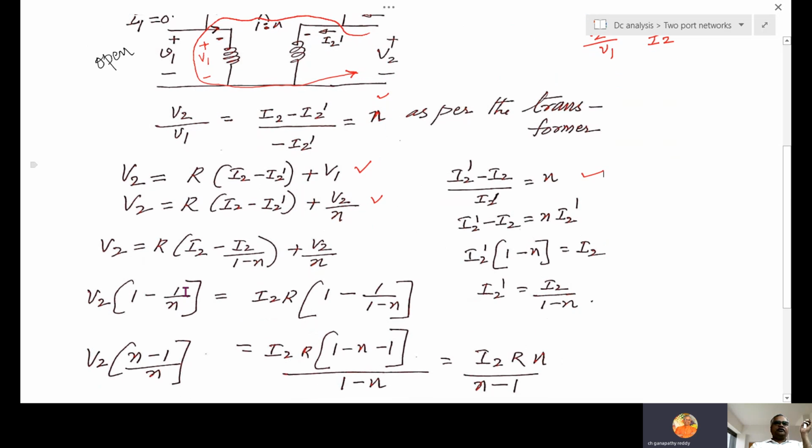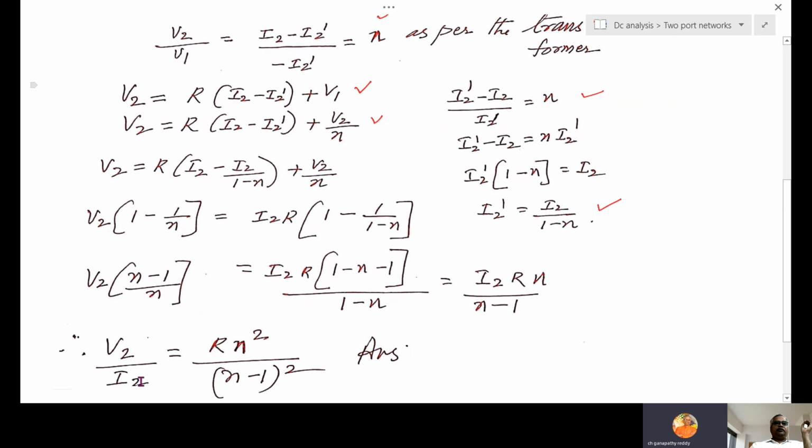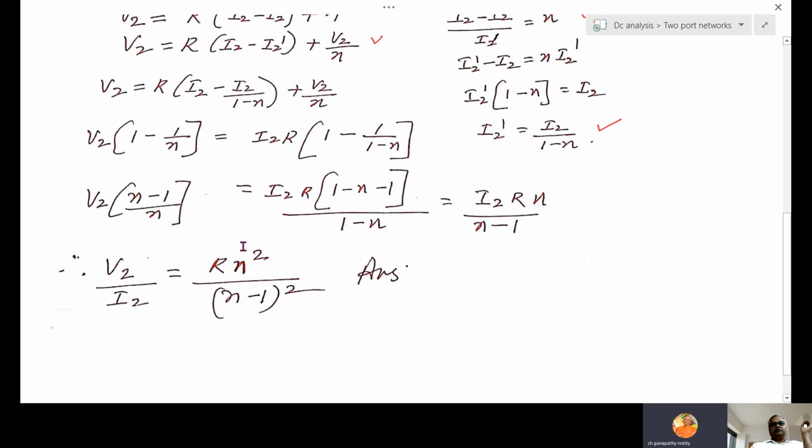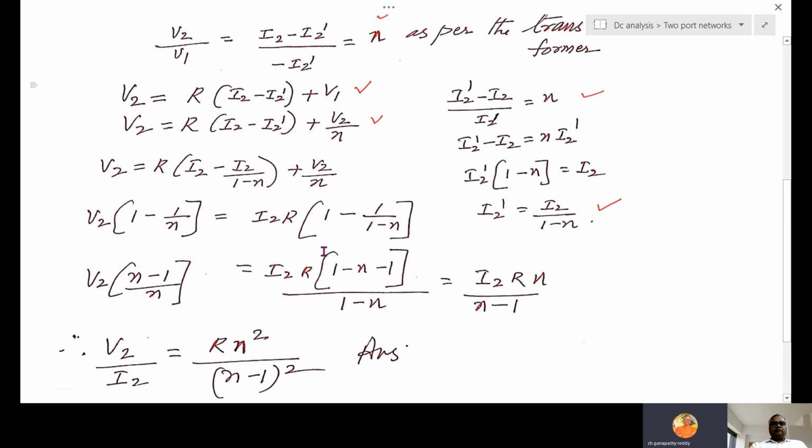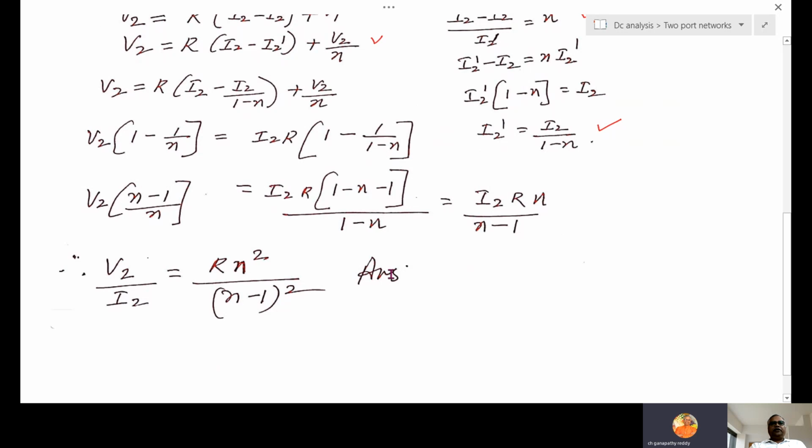So just the equations are important. From this, I2 prime is equal to I2 by 1 minus N. From this equation simplify, you get this. So here I2 prime is replaced with I2 by 1 minus N. Like that simplify, take the ratio V2 by I2, you get this. I'm not focusing much on mathematical simplification, just go through it, you will get it.